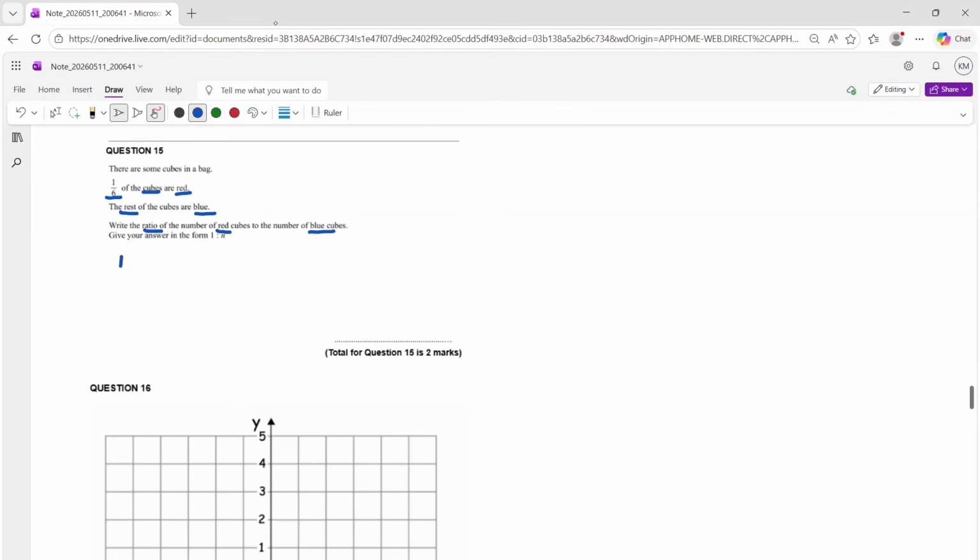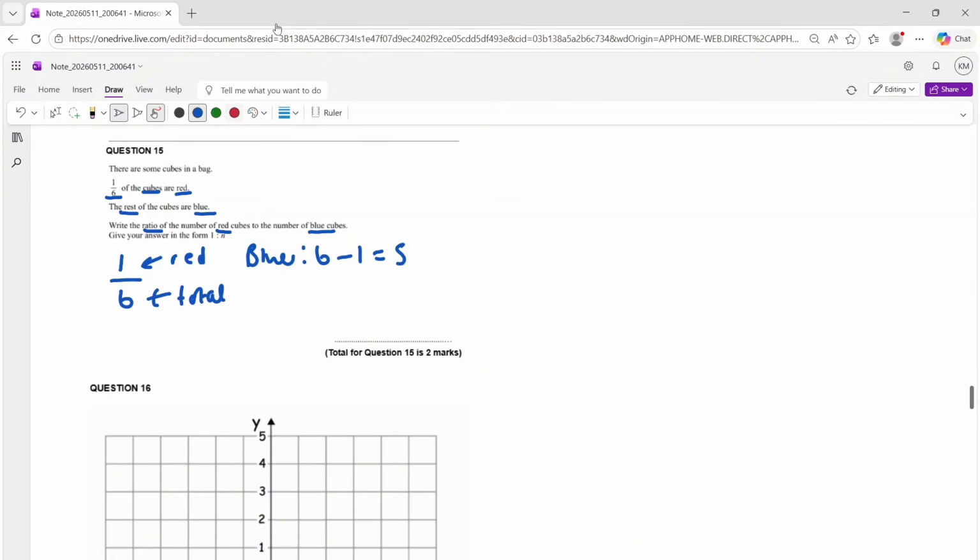So if you've got 1 out of 6, this means one of them is red out of a total of 6. 1 in 6 are red. So if 1 is red, I have 6 in total. Blue will be the total, which is 6, minus my 1 red is 5.